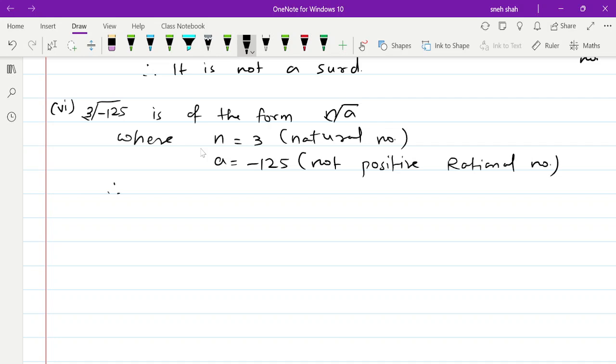So since the second criteria itself is not being fulfilled, we can say that it is not a surd.